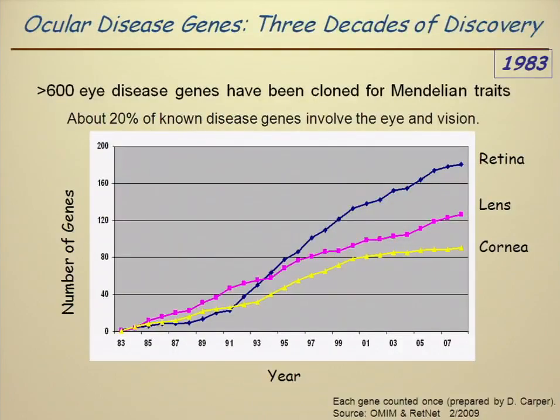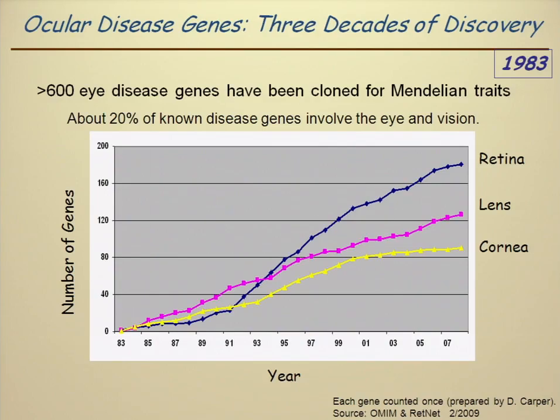So if we look at that year, 1983, when rhodopsin was cloned, there were very few genes that were captured. But across the three-decade span, the vision community has been extraordinarily vigorous in identifying genes related to eye disease. And now there are some 600 genes that are known.